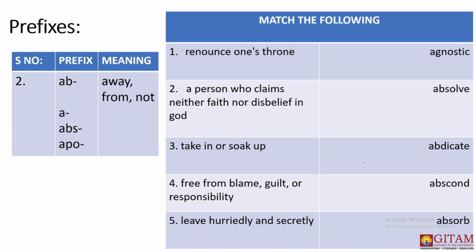The CEO has given up his position. He declared, see, dictate, declare, he declared that he is going to stay away from his position. Abdicate is to give up one's position. The king has abdicated his throne.